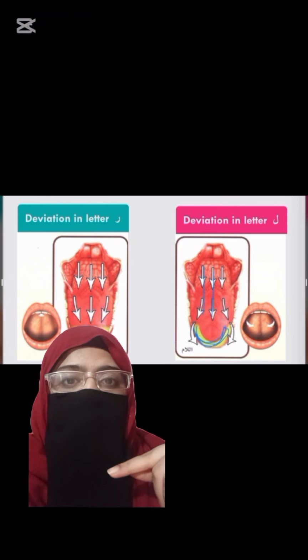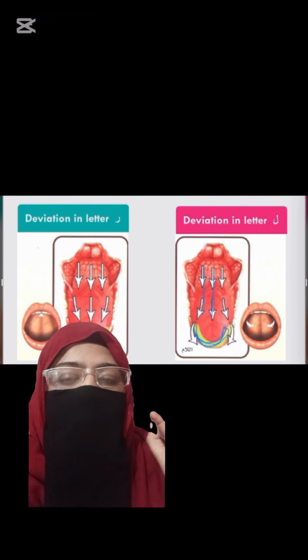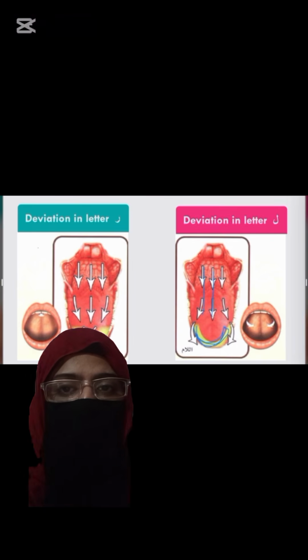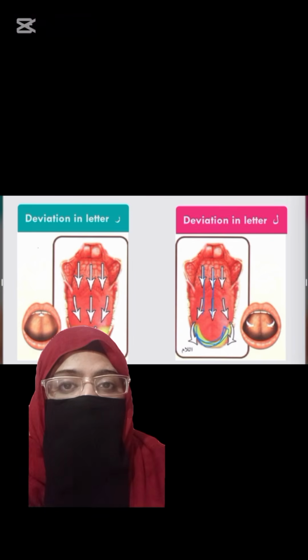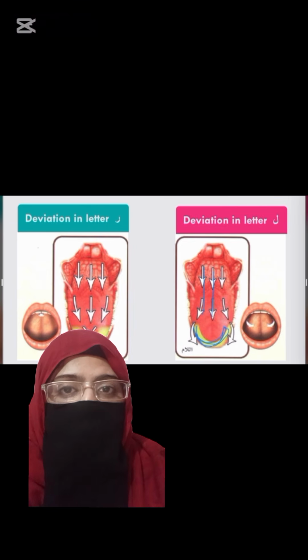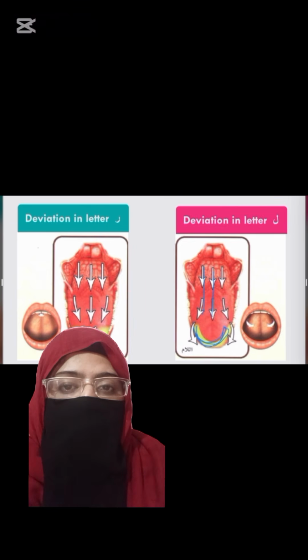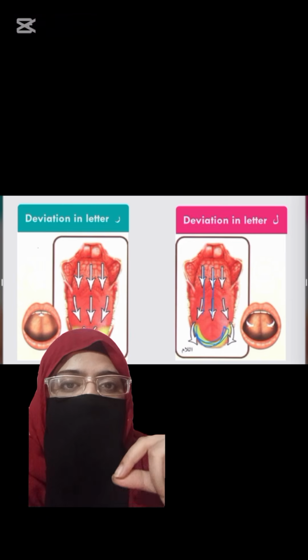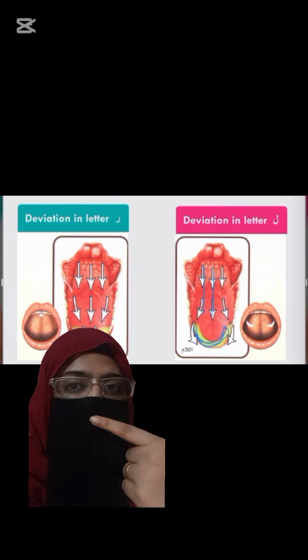Raa is produced from the correct articulation area involving the tip of the tongue, and not from the middle of the tongue. The fourth is producing Lam from an incorrect side. Make sure the appropriate part of the tongue makes contact with the upper gum area.